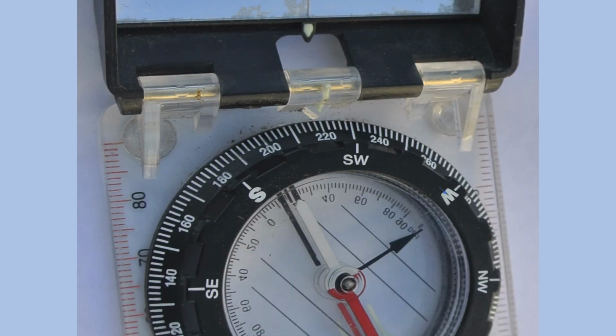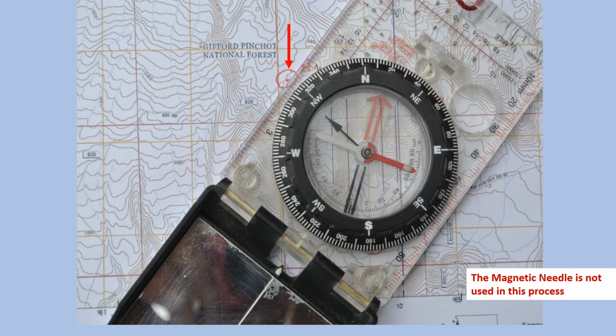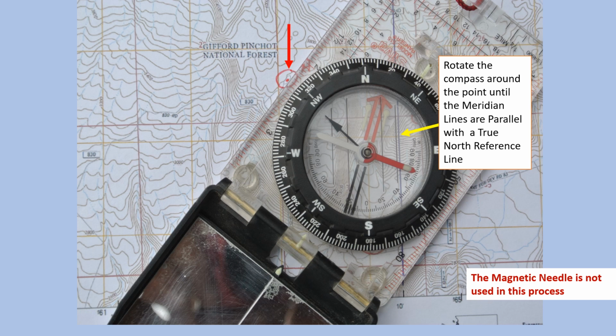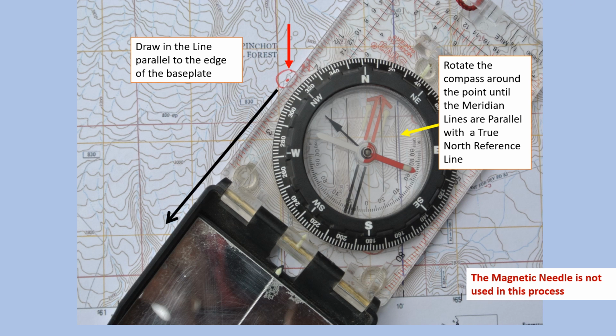Set the desired azimuth at the index pointer. Rotate the compass around the point until the meridian lines are parallel with the true north reference line. Draw in the line parallel to the edge of the base plate.